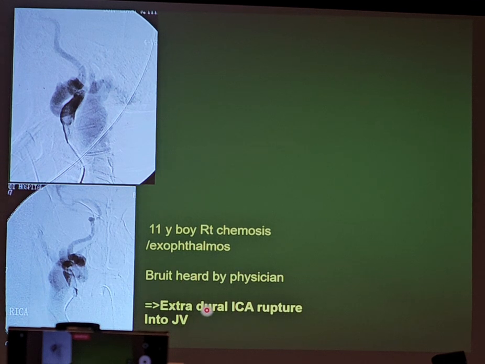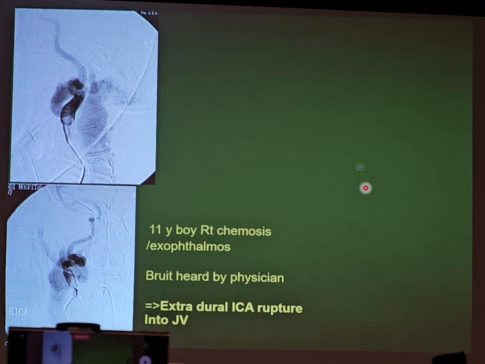This is an 11-year-old boy. He came with just mild chemosis of his right eye, and a bruit heard by the physician around the upper neck area.